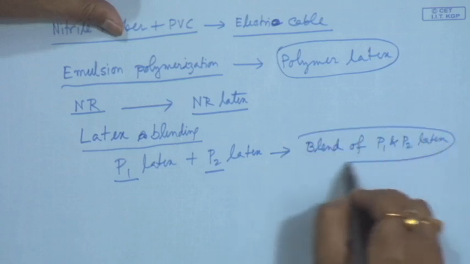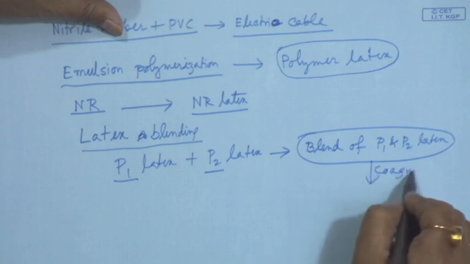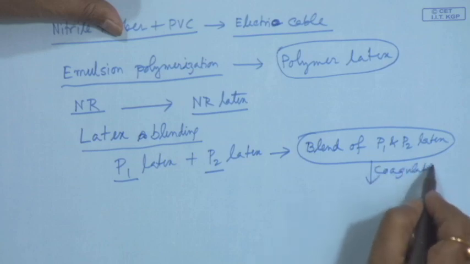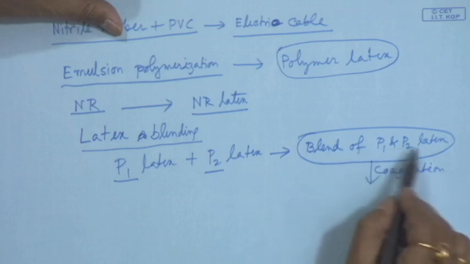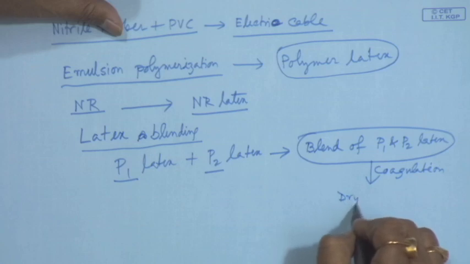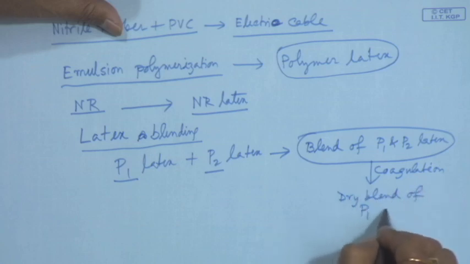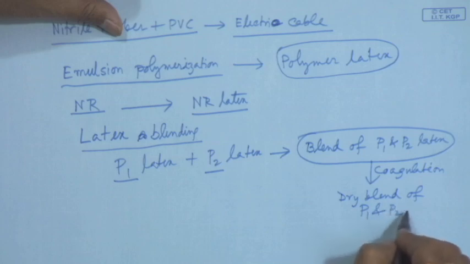Then we can go for coagulation. We can coagulate this latex blend. We can have a dry blend of P1 and P2 polymer.